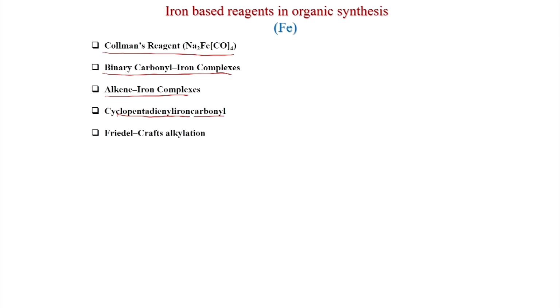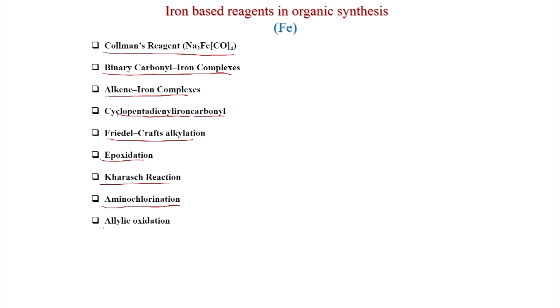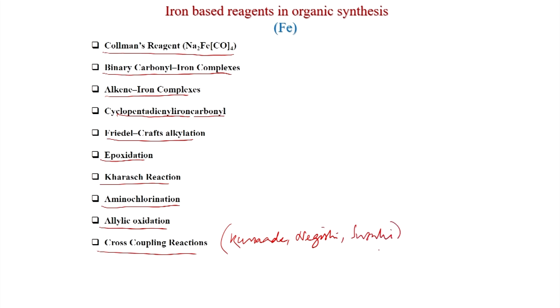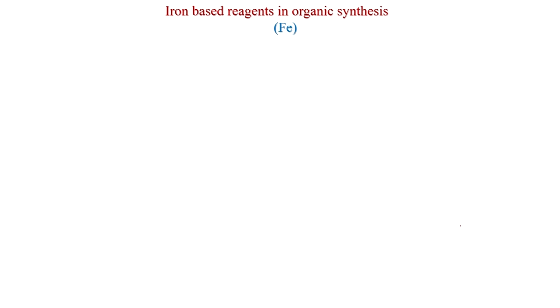We will discuss Friedel-Crafts alkylation, epoxidation, the Kharasch reaction, that is the difunctionalization of alkenes, aminochlorination, allylic oxidation, that is the allylic alcohol formation, and cross coupling reactions, Kumada, Negishi, Suzuki kind of reactions.